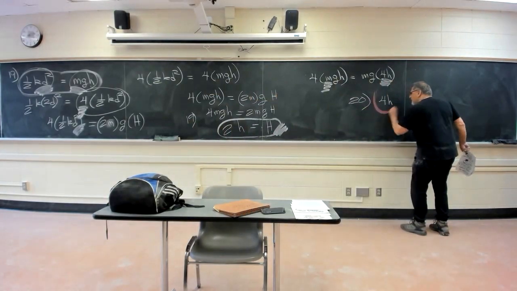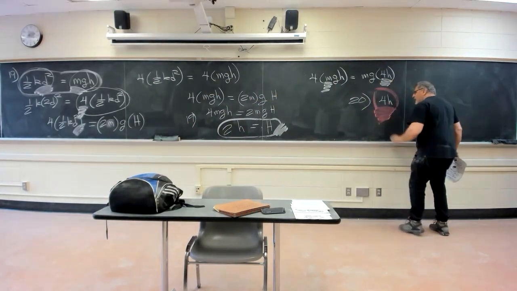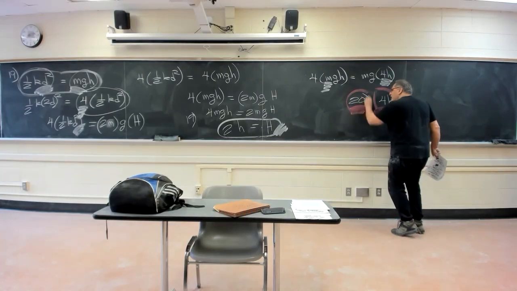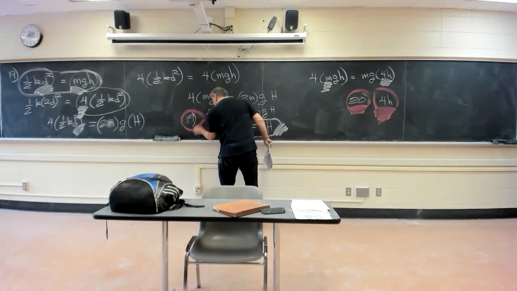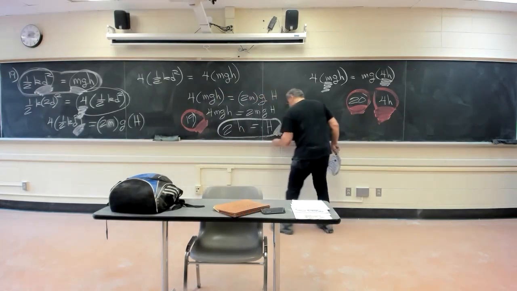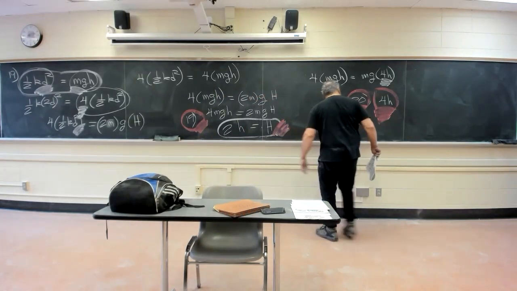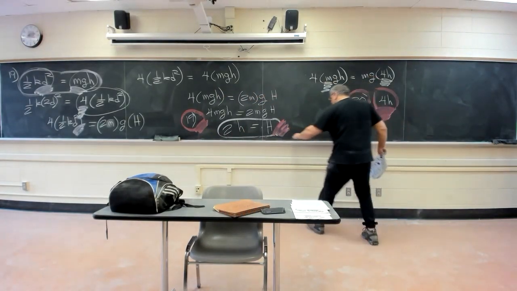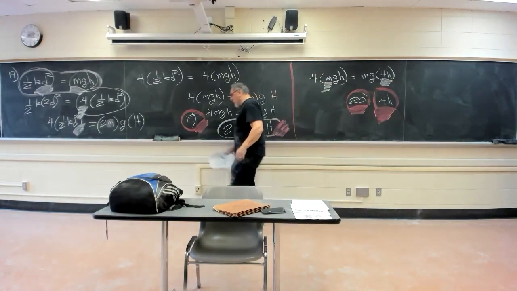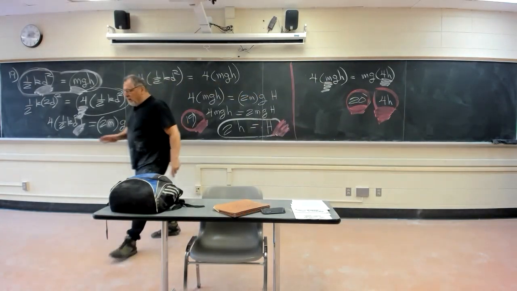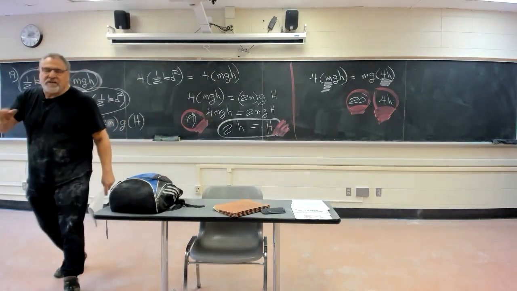So many of these problems, you guys, tend to be easier done than said, and not necessarily that they're easy. You got to think it out a little bit. But if you've got 4 times the potential energy, well, for the same size mass, you're going to have 4 times the height.